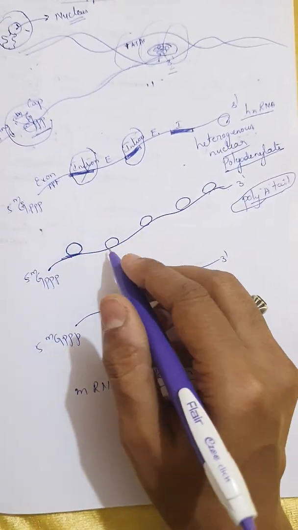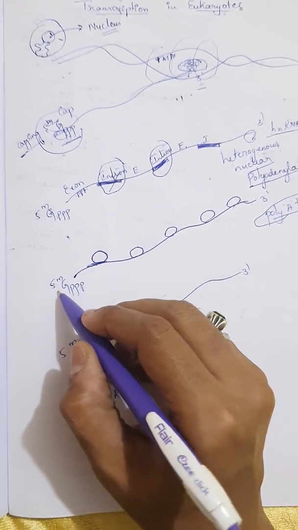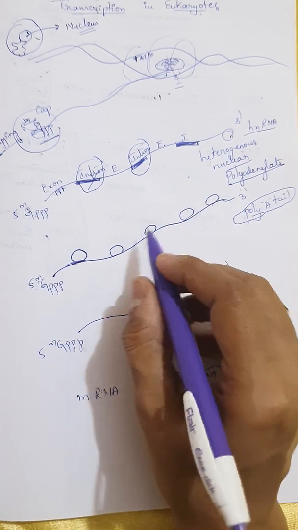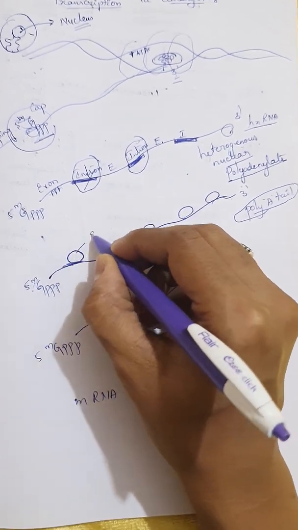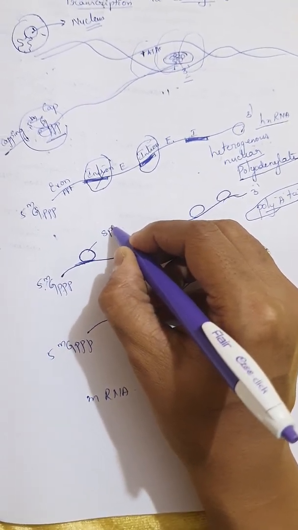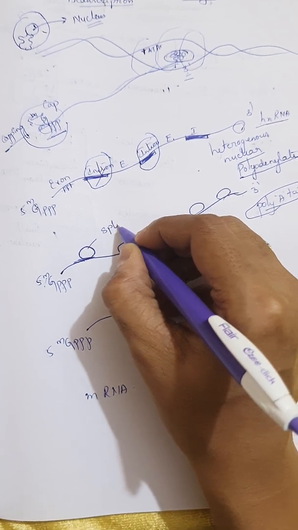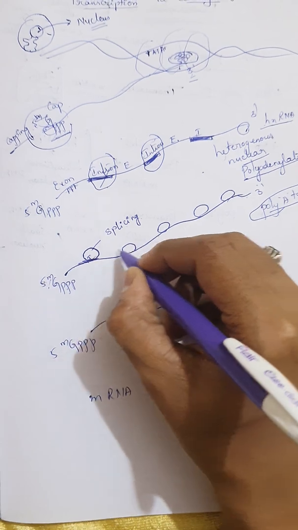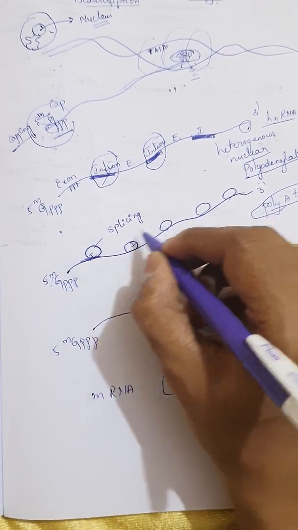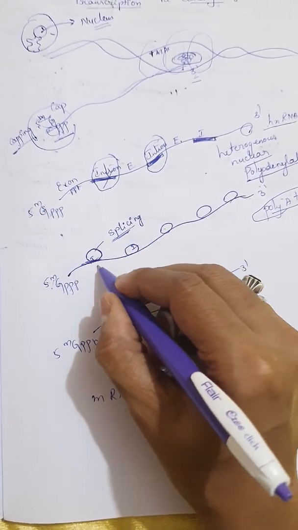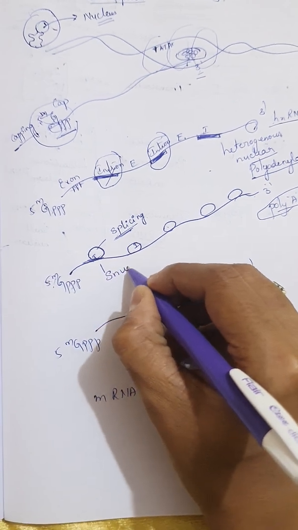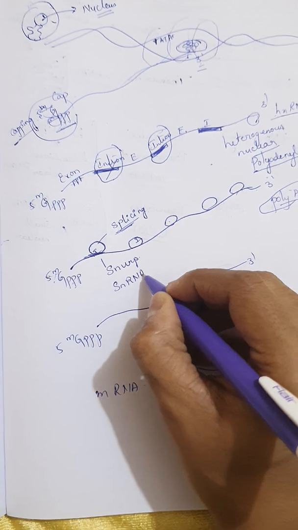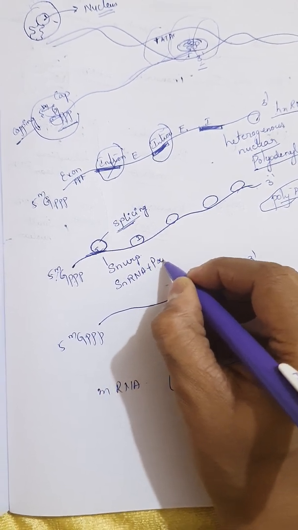Now before the translation process, the methyl guanosine triphosphate cap and the poly A tail are present. Splicing is done by spliceosomes. Splicing means removal of introns. So who removes these introns? We generally call them snurps, that is snRNA plus proteins.